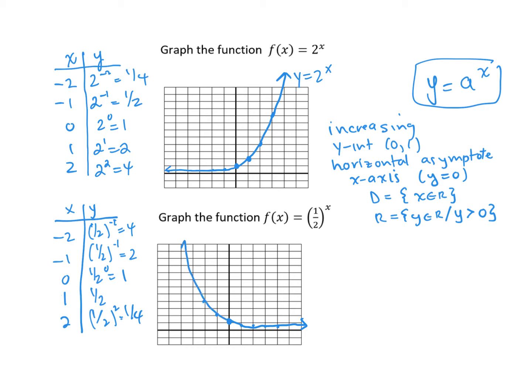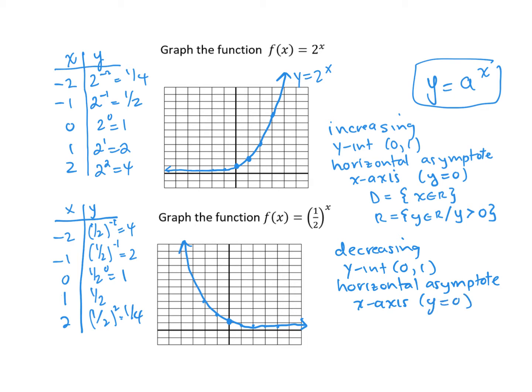So when we change the base to a half, we've gone from an increasing function to a decreasing function. Now it's going down from left to right. The y-intercept is still 0, 1. We still have a horizontal asymptote being the x-axis, or y equals 0.